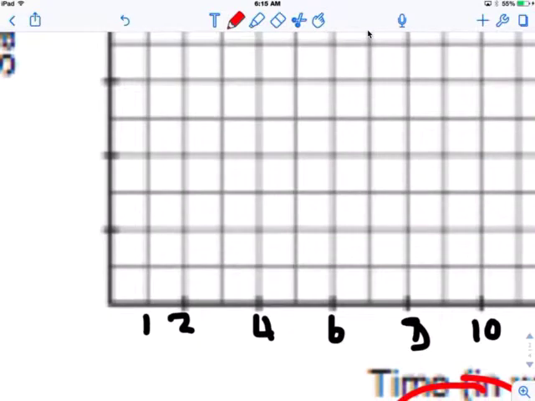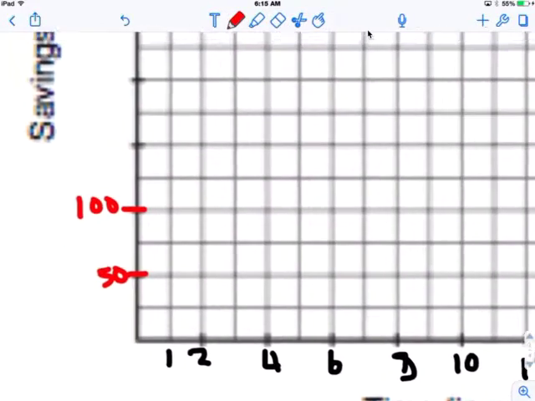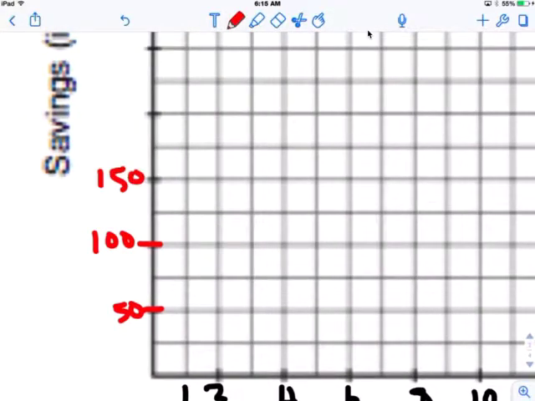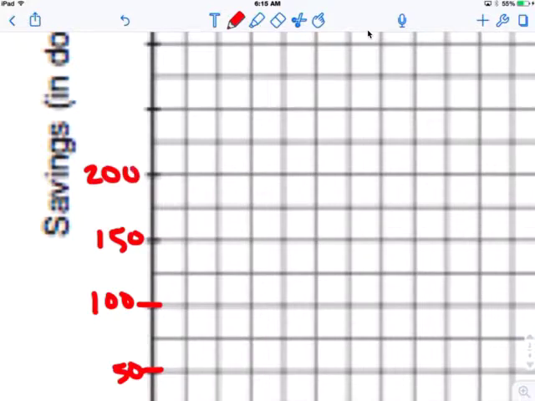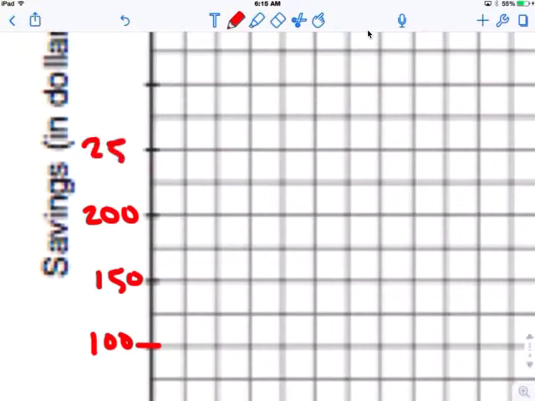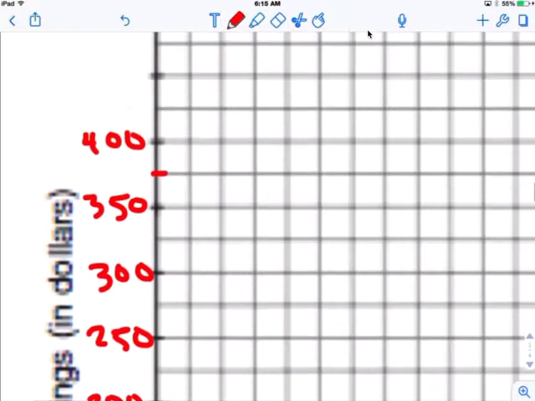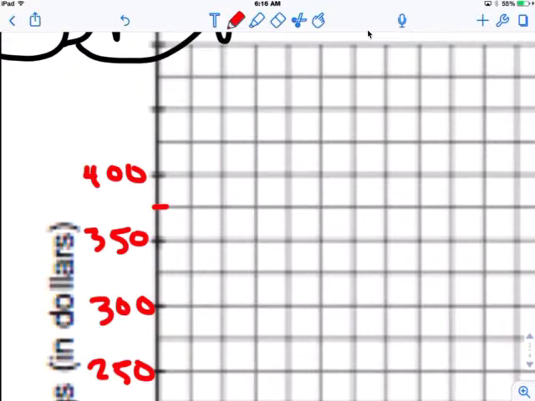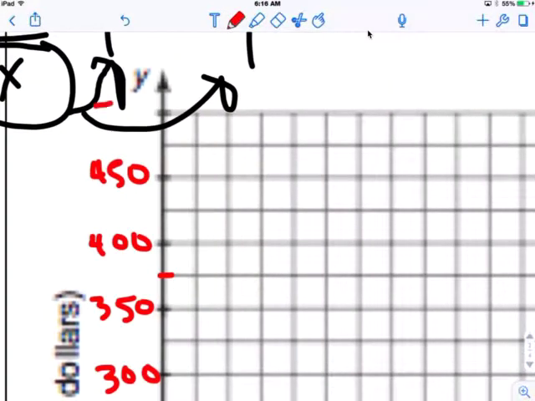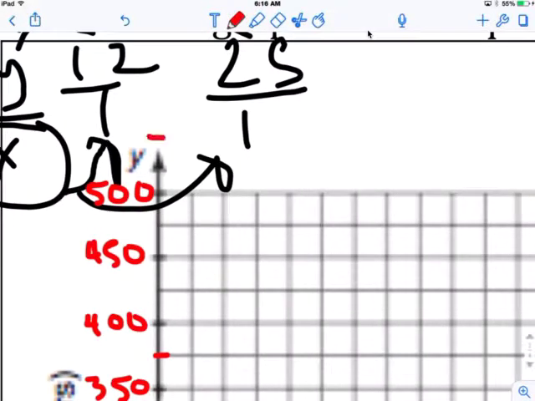We're going to go each one by 25: 25, 50, 75, 100, 125, 150, 175, 200, 250, 300, 325, 350, 375, 400, 425, 450, 475, 500, 550, 575, and here's 600. I'm going to go over.